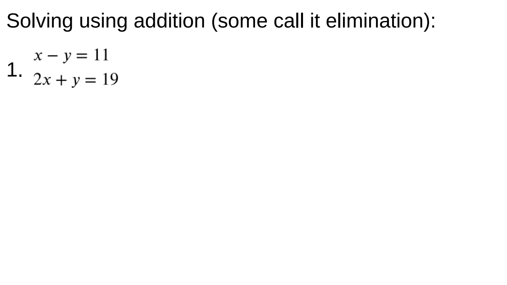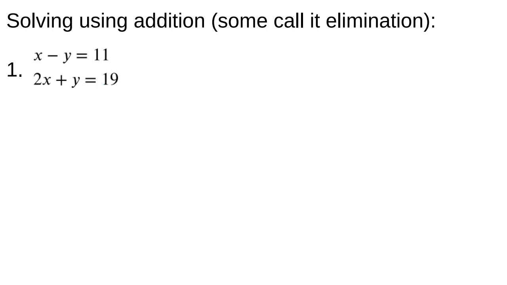Think back to when we solve regular equations. We talk about linear equations as being balanced on a scale, where one side of the scale is x minus y and the other side is 11, and those are balanced, meaning this value or weight is the same as this one. We have another equation sitting on another scale. We got 2x plus y is the same as 19.